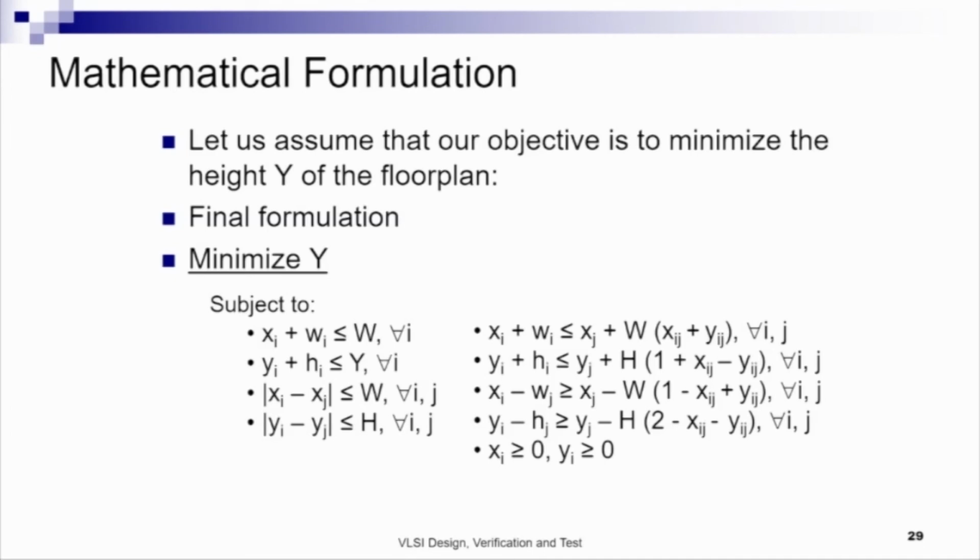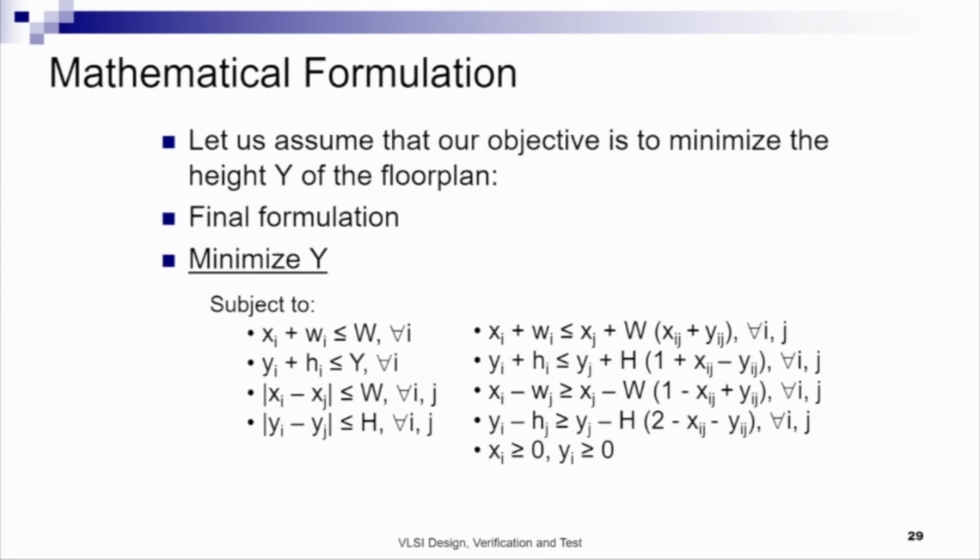Such that xi plus wi, after the width, the block should be wholly placed within the area of the chip, and for that xi plus wi less than or equal to capital W needs to be true. Yi plus hi less than or equal to y. So, y is what we want to minimize.